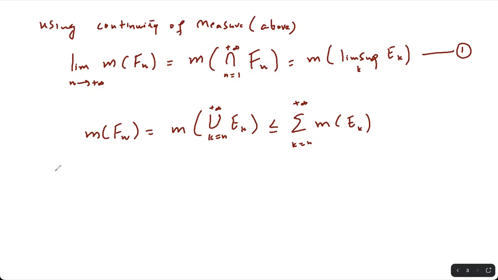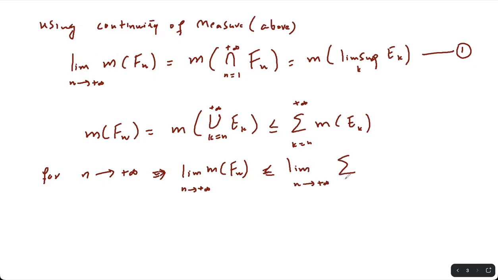How? For n approaching plus infinity, the limit of measure of Fn is less than or equal to the limit as n approaches plus infinity of summation k is equal to n to plus infinity of measure of Ek, and that is exactly equal to 0.